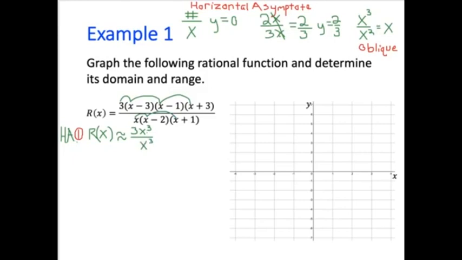So we have this second case here where the horizontal asymptote is just going to be the ratio of the coefficients. So we have a coefficient of 3 on top and a coefficient of 1 on the bottom. After canceling the x cubes, we get 3. So our horizontal asymptote then is the line y equals 3. And we can go ahead and graph that.